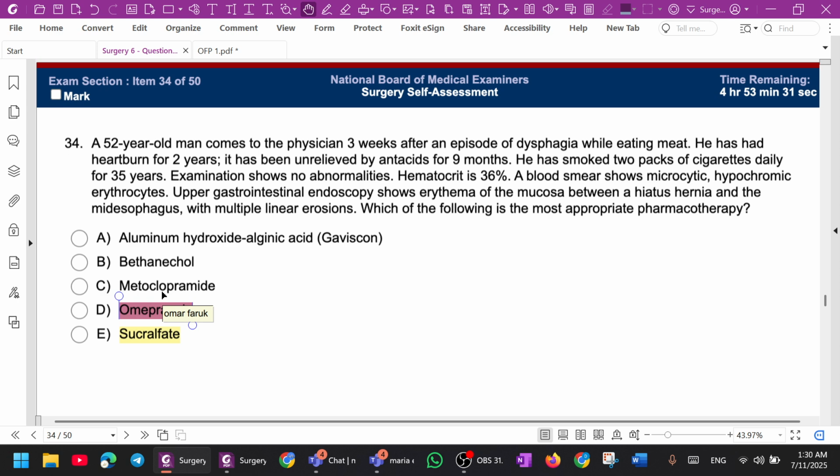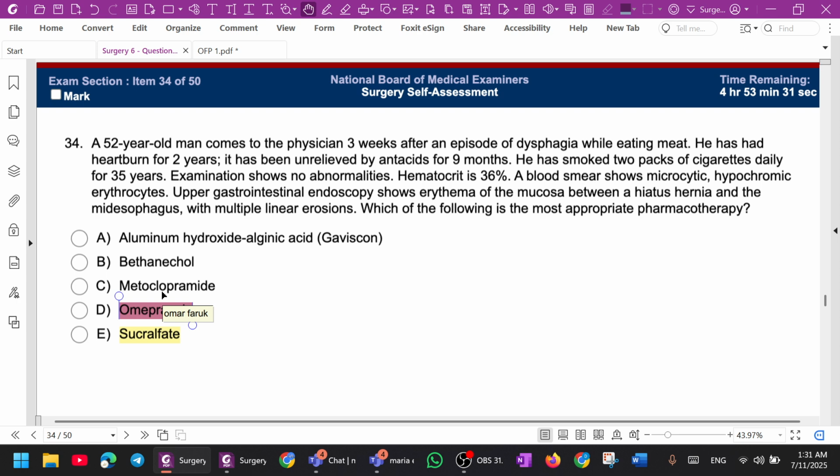Over time, if the GERD remains untreated, metaplasia can occur, leading to Barrett esophagus, a state of premalignancy marked by intestinal metaplasia of the distal esophagus. Untreated, this can subsequently lead to esophageal cancer. Omeprazole irreversibly inhibits the hydrogen-potassium ATPase in gastric parietal cells, reducing stomach acid production, allowing for neutralization of stomach contents, limiting the inflammatory and erosive sequelae of GERD in the distal esophagus and allowing for appropriate healing of the previous esophagitis.